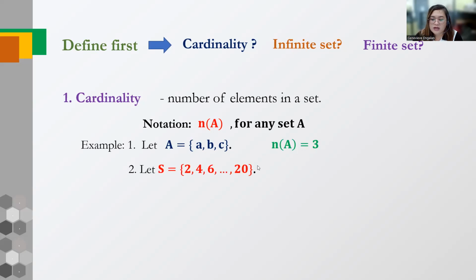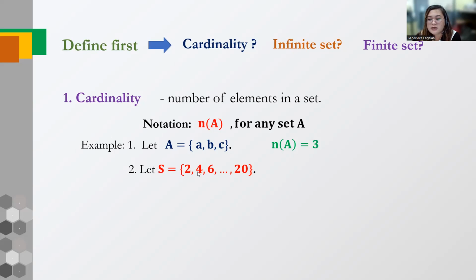Then another example is we have the set containing 2, 4, 6, 8, 10, 12, 14, 16. So these three dots, or this is ellipsis, is pasabot na panay numbers between.